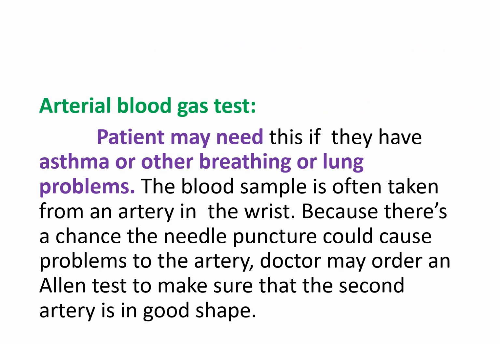Arterial blood gas test. Here the patient may need it if they have asthma or any breathing or lung problem, and the sample is often taken from the wrist. Because there is a chance of needle puncture, which may cause a problem in the artery, the doctor may order the Allen test to check that the second artery is in good shape.